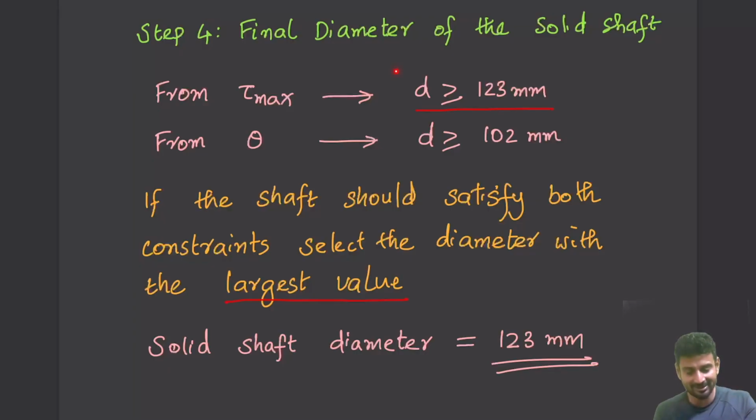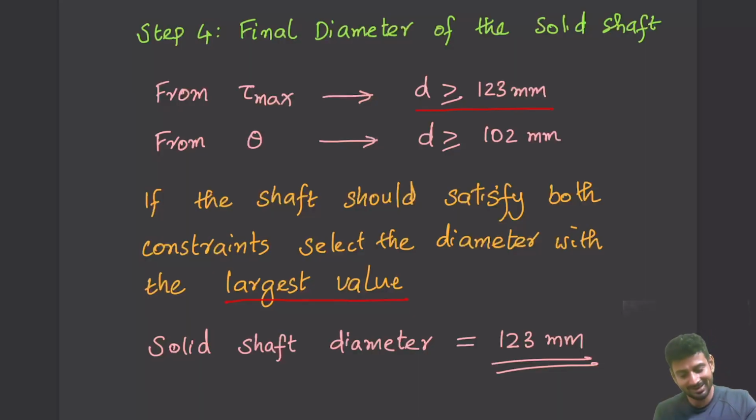We have calculated the diameter as 123 millimeters, or the diameter should be greater than or equal to 123 millimeters. Also, the second criterion says that the angle of twist theta should not exceed 1 degrees per meter length. We have calculated the diameter as 102 mm, or diameter should be greater than or equal to 102 millimeters. The thing is that both the conditions should be satisfied.